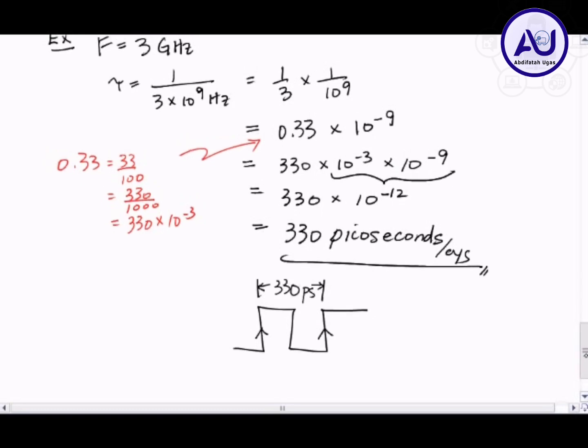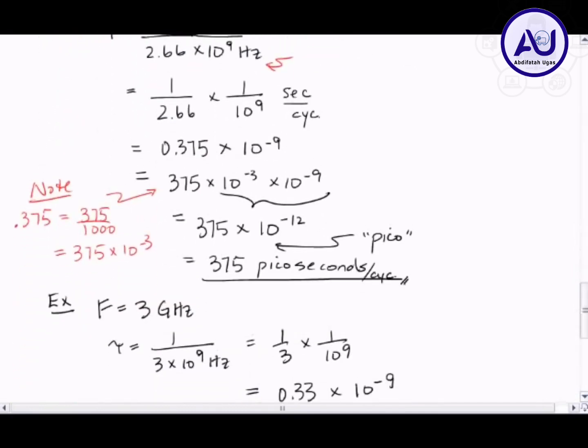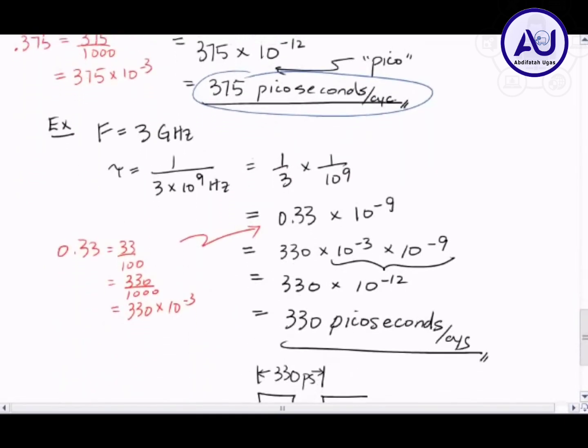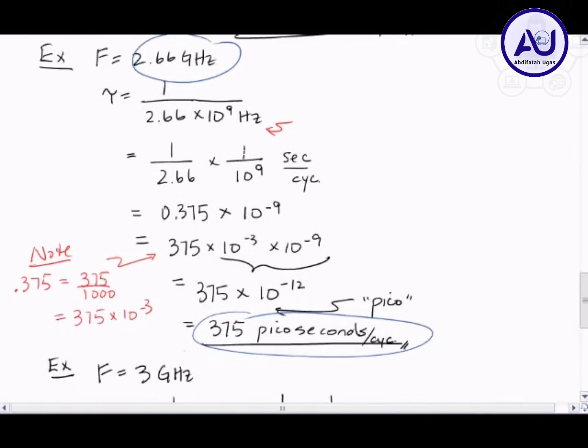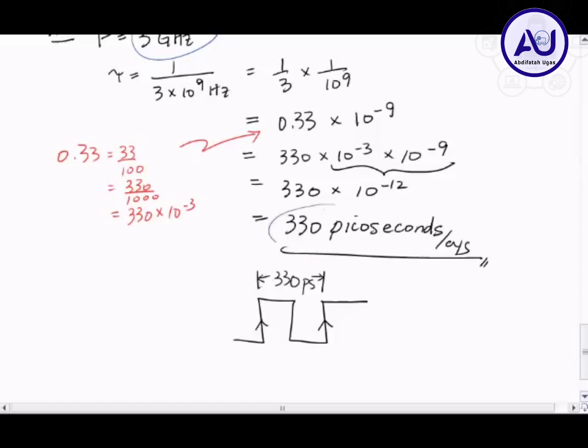So notice that when we had 2.66 gigahertz, we have 375 picoseconds, and when we have 3 gigahertz, so the frequency has gone up, our clock period has gone down, which is what we expect for the reciprocal relationship. When the frequency goes up, the clock period goes down.